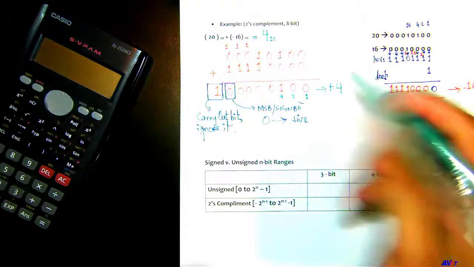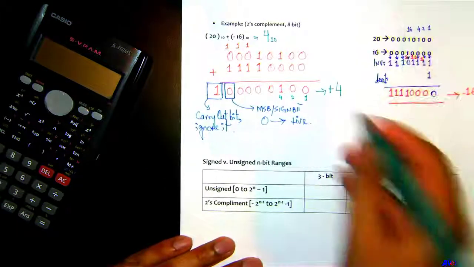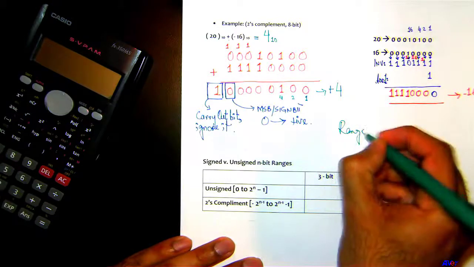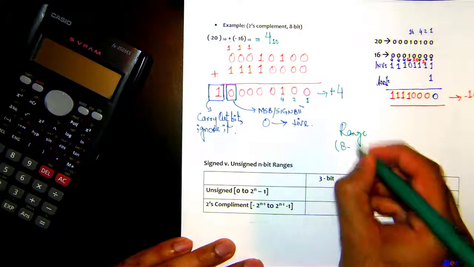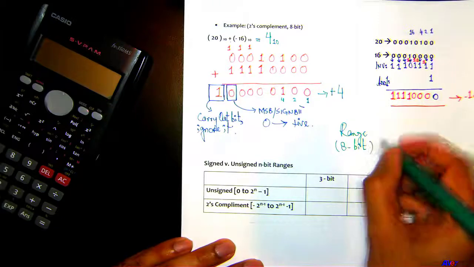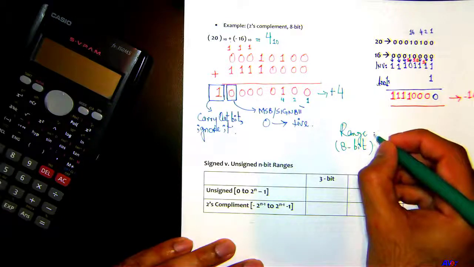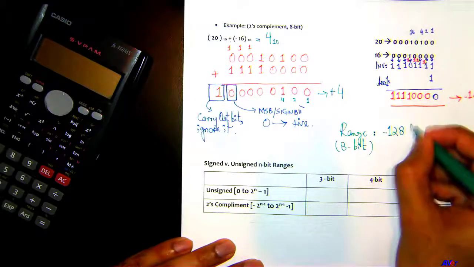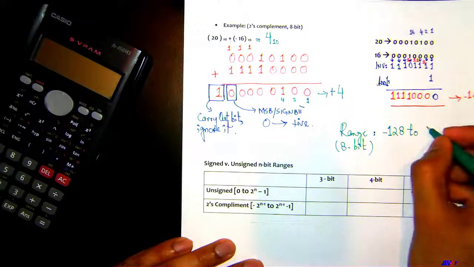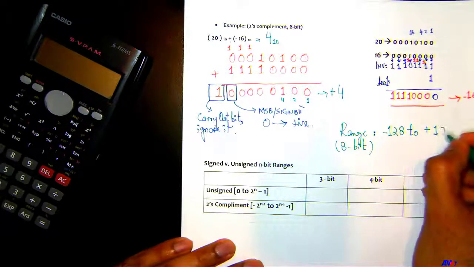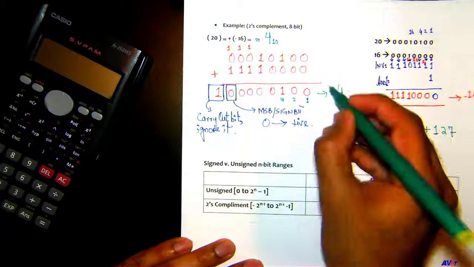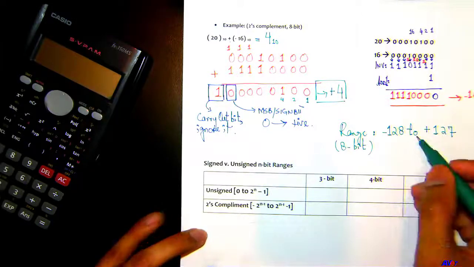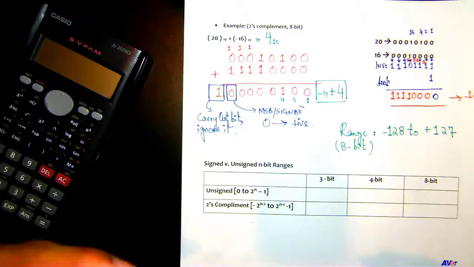Also, because it was an 8-bit system, the range that we calculated on the previous page for an 8-bit system was negative 128 to positive 127. Because this 4 was in this range, we were able to do this operation.